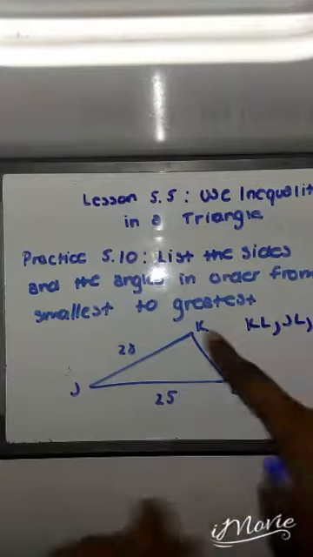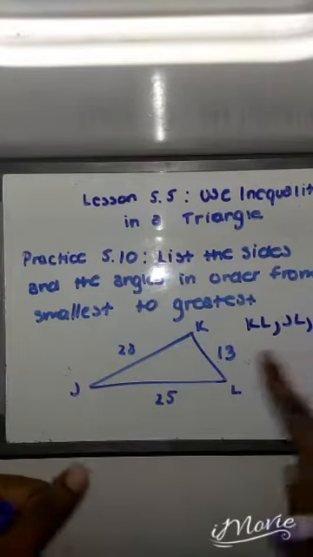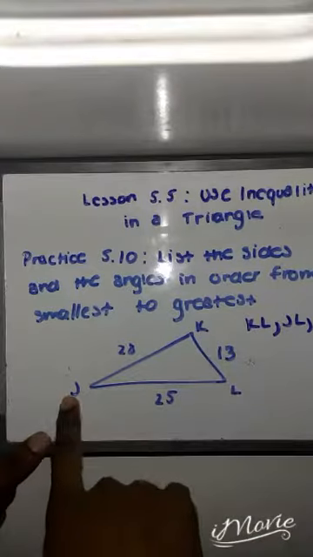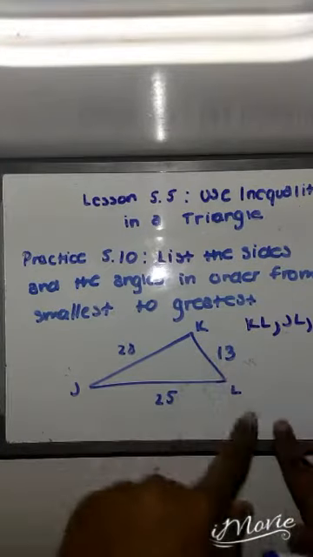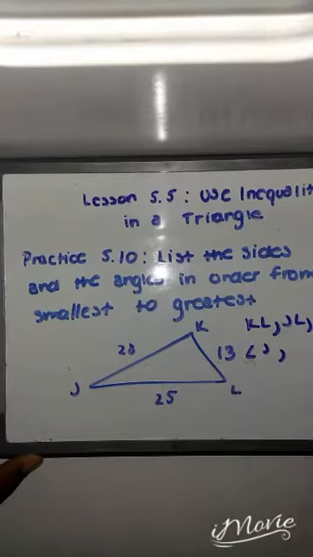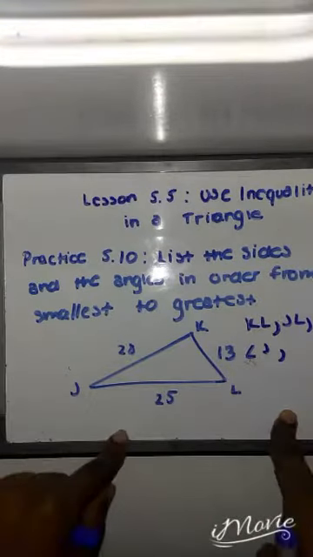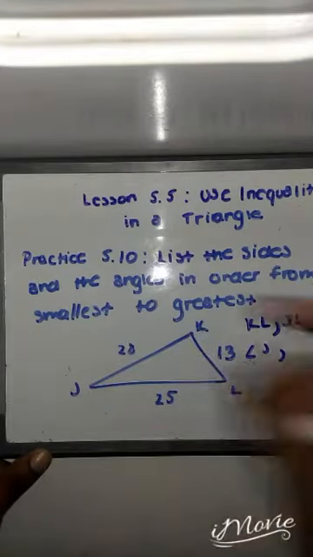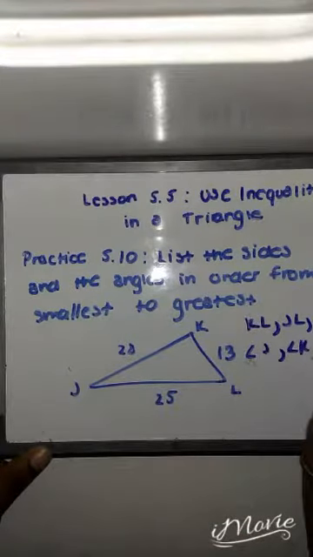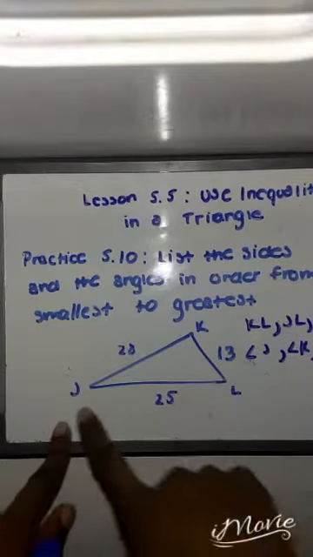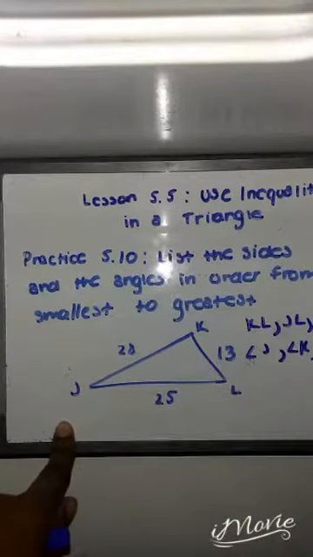Since KL is the smallest, we know that opposite of it, there is the smallest angle. So opposite of KL is J. So angle J would be the smallest. Then opposite JL here would be K, that'd be the next. And then opposite the largest side, JK, would be angle L.